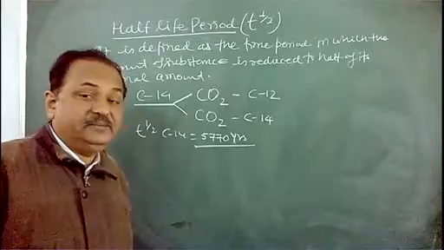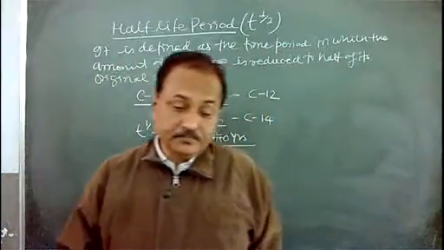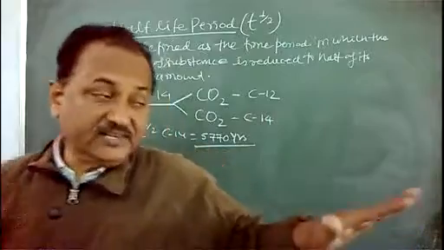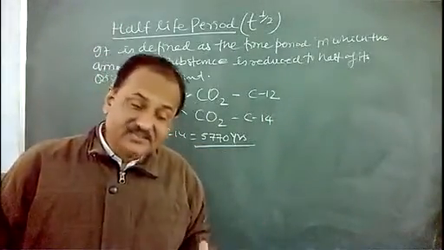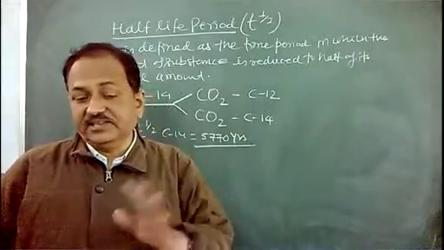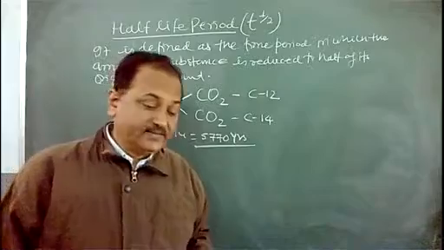So once an animal dies, or a plant is cut down, the concentration of C14 starts decreasing with respect to time because it emits radiations.